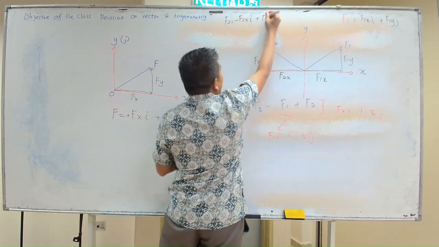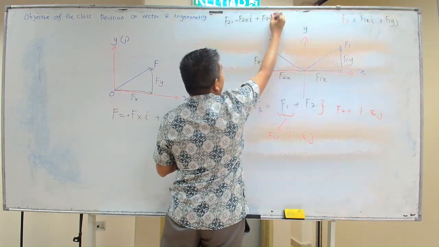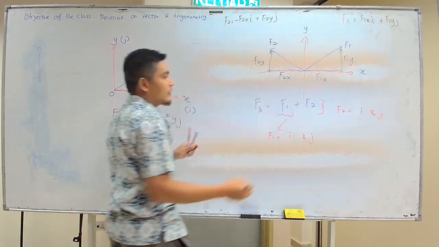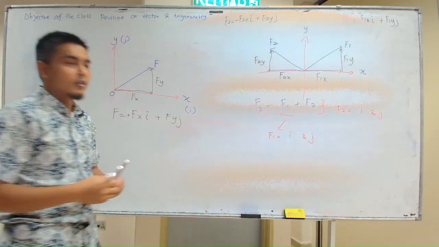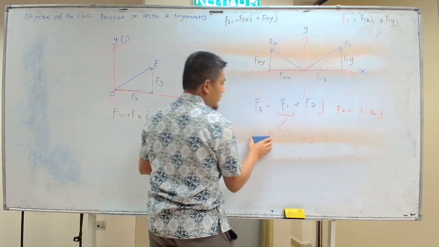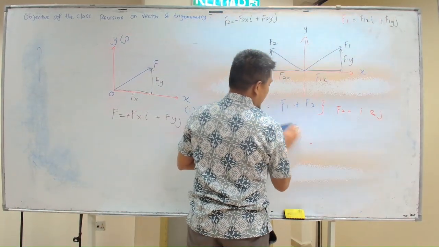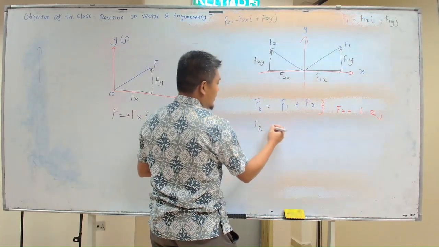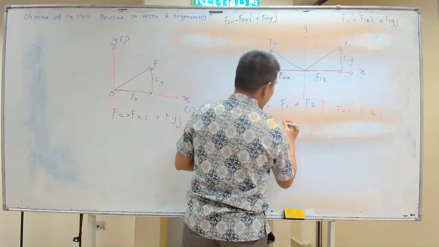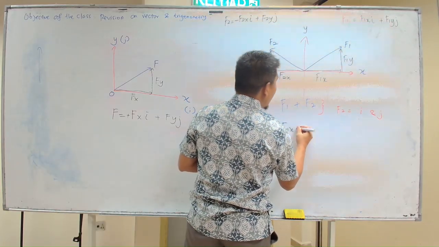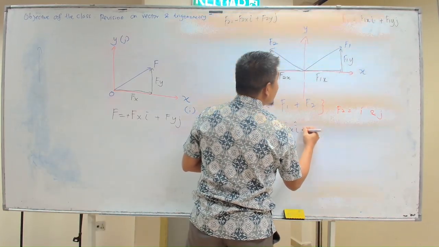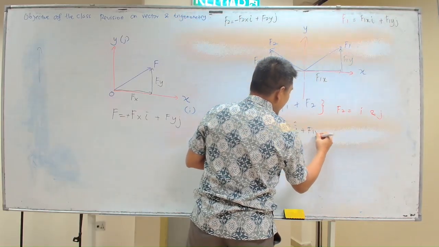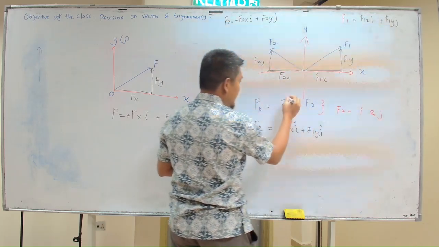Plus with F2Y, which direction? Positive or negative? Positive. So it means that the vector FR is F1X i plus with F1Y j. This is F1.